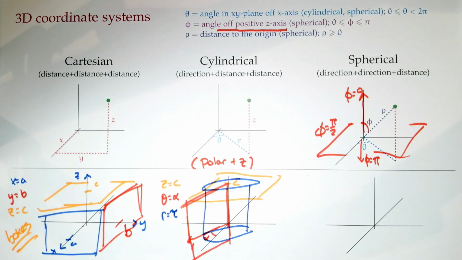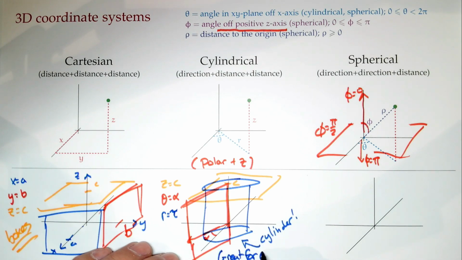Now, you might wonder, where did cylindrical coordinates get its name from? Well, look, it's got a cylinder right there. Hence cylindrical coordinates. And in fact, that's not just a coincidence. That's a reason why. But more generally speaking, what are cylindrical coordinates good for? The answer is that they're great for rotational symmetry. Now, what do I mean by rotational symmetry?